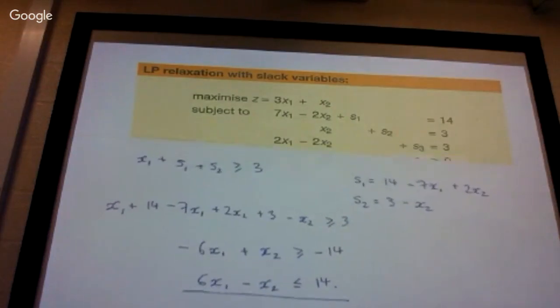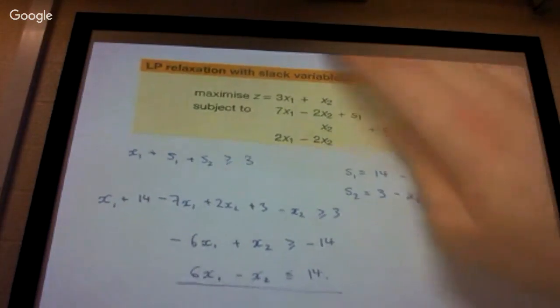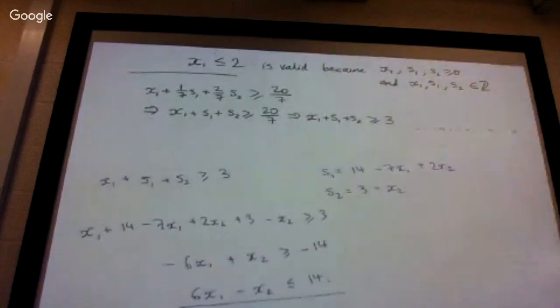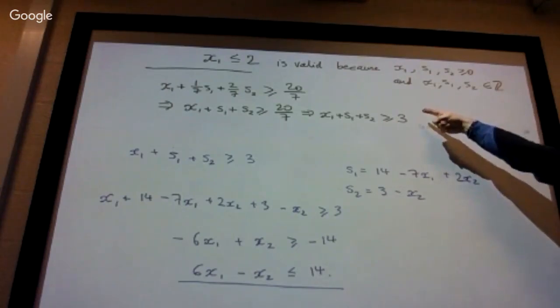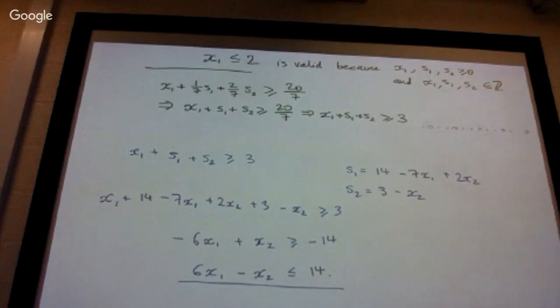Well, actually, the inequality we had from there, what it's doing is that it's 6x1 minus x2 is less than or equal to 14, which is a valid inequality. And so I still don't know why you shouldn't take this one. Well, you can do it if you want. It's just not the one that the algorithm takes.